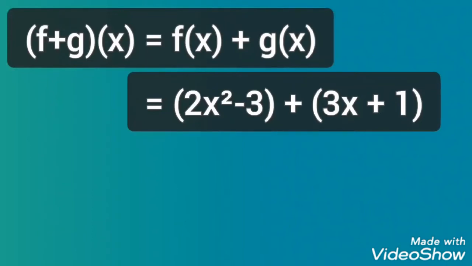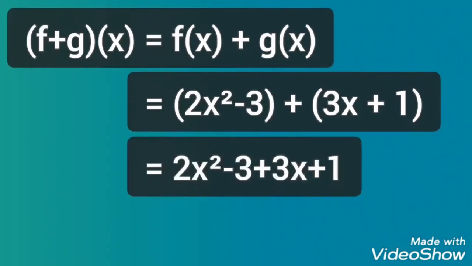Now, since we are just going to add the functions, you're just going to copy 2x squared minus 3, and since the function g of x here is a positive number, we're not going to change their signs. So that will remain as plus 3x plus 1.